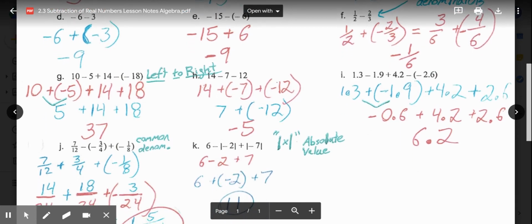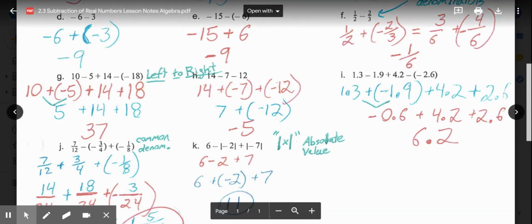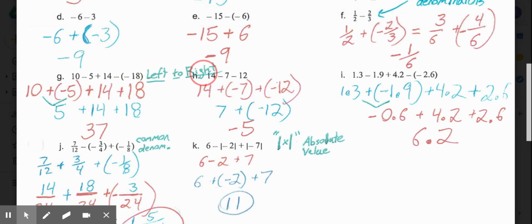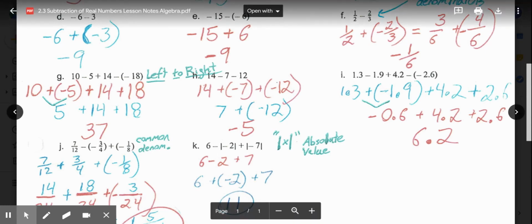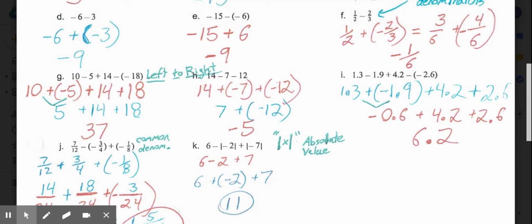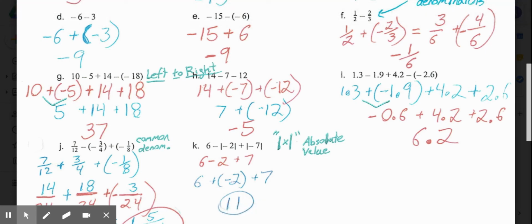In G, H, I, J, and K, we have more than two numbers. So we have multiple operations, but they are all subtraction or addition. So we simply work them left to right. So if we look at G, we have 10 minus 5 plus 14 minus a negative 18. So first thing, I'm going to take care of switching my subtractions to adding the opposites.